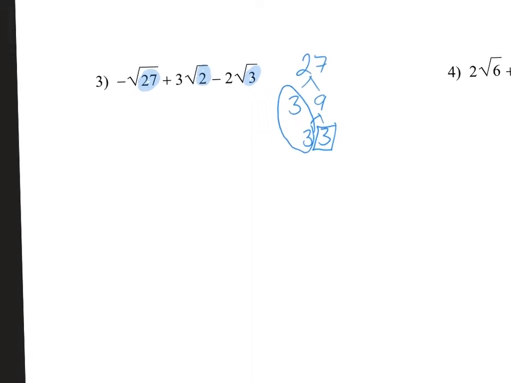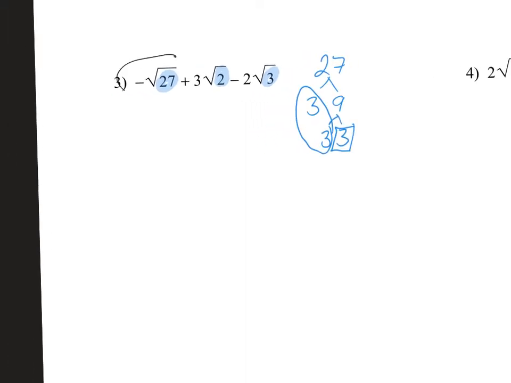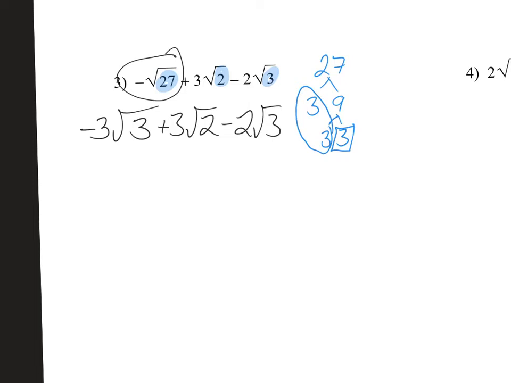So for this first one right here, we're going to have negative, and then because I have those two circled, 3 radical, and then what's under the square root? That 3, because that was in a box, plus 3 radical 2 minus 2 radical 3. Okay, radical 2 I can't break up anymore. Radical 3 I can't break up anymore. So let's go ahead and just put together the things that look the same.